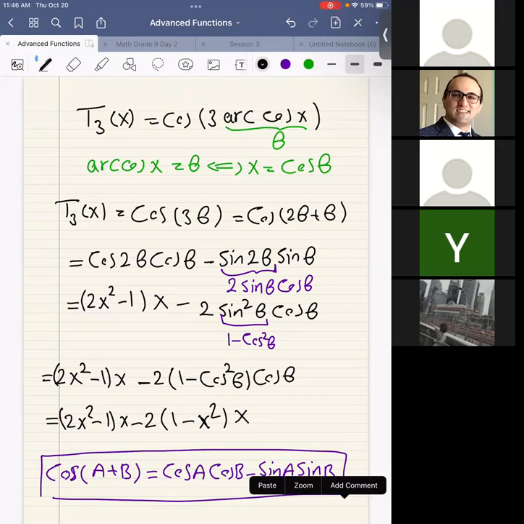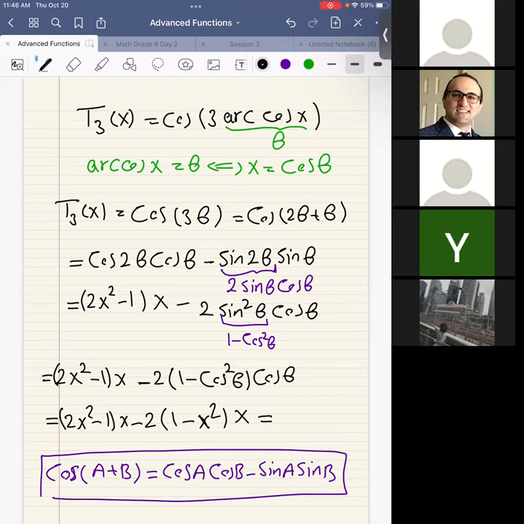Right? Yeah, I see, I see. So which would be equal to, you have 2 times x cubed, and then you have minus again 2 times minus x cubed.